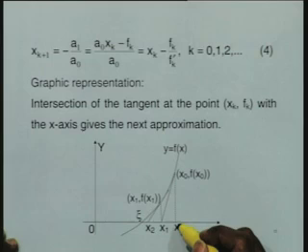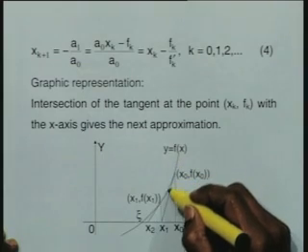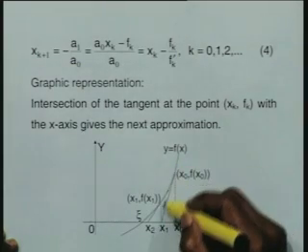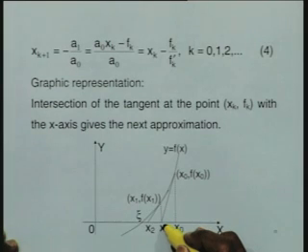So I take the starting approximation x 0; x 0, f 0 is my point on the curve. Then I draw the tangent to the curve at this point. This line meets the x axis at x 1, my new approximation.